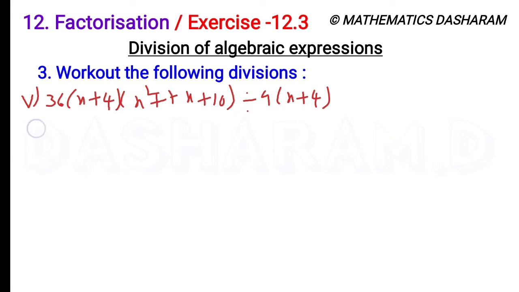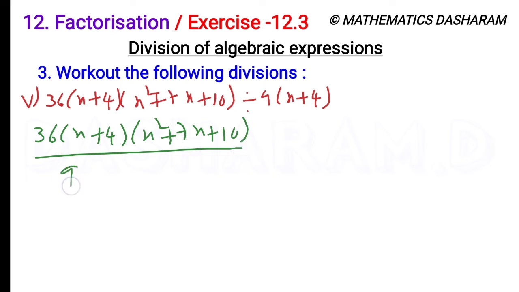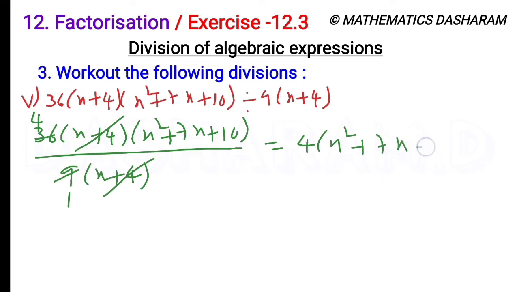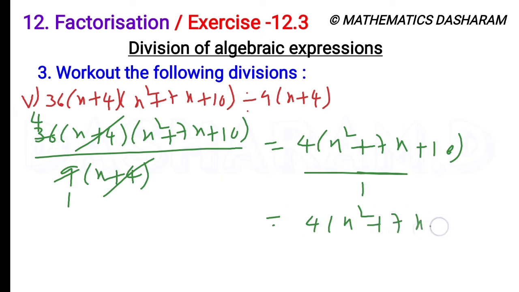Next, fifth question, 36 bracket of x plus 4 and bracket of x square plus 7x plus 10 all divided by 9 into bracket of x plus 4. x plus 4 cancel, 9 ones are 9, 9 fours are 36, so it is equal to 4 into x square plus 7x plus 10, and the denominator is 1, so that means 4 into x square plus 7x plus 10.